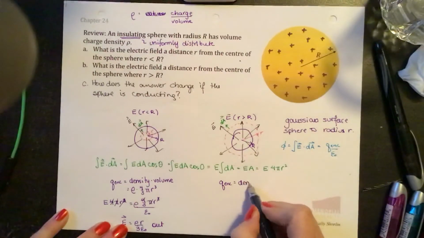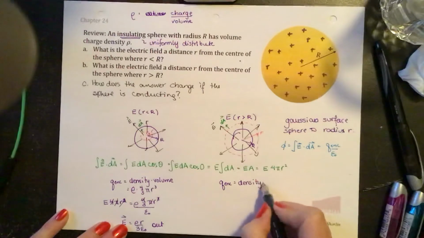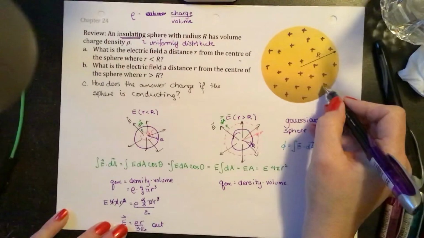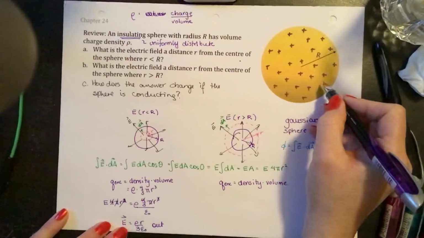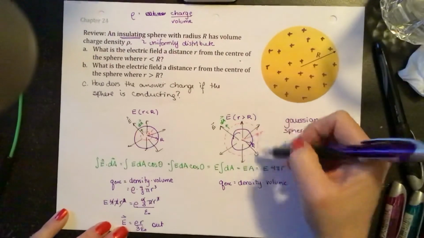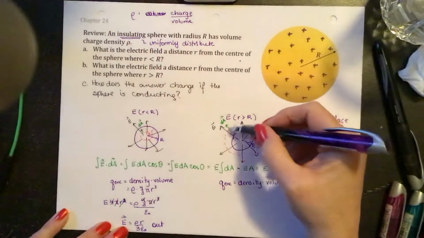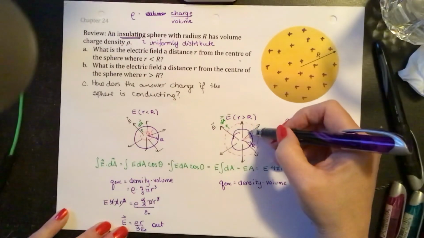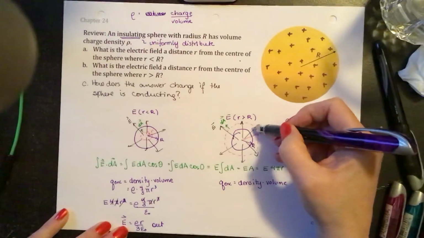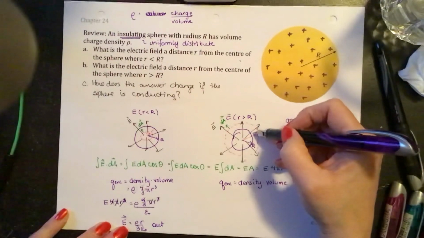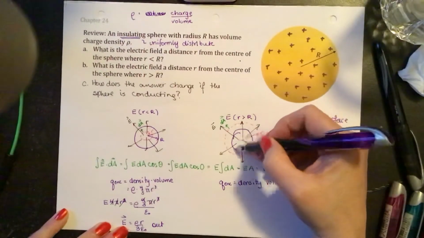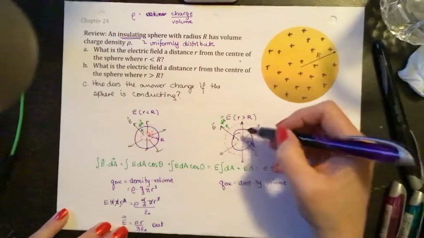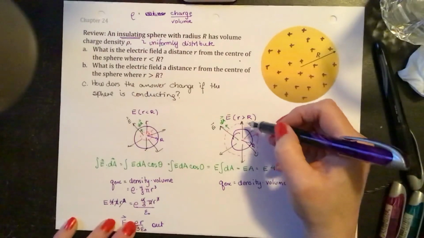So it's still density times volume, and it's the volume of the sphere, the solid insulating sphere itself. If you were to ask why it isn't density times the volume of the Gaussian sphere, it's because between this solid line and this pink dotted line, there's no material. That's just a vacuum, so there's no charge there. The only charge inside is the charge that's on the insulator. So that's why you use the volume of the insulating sphere.